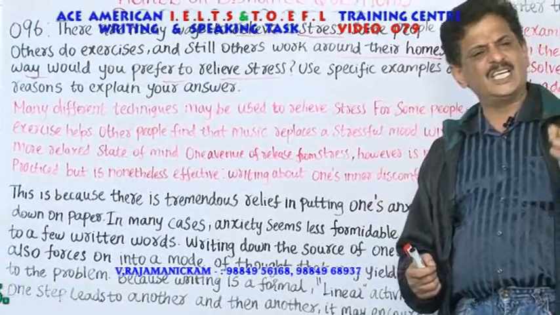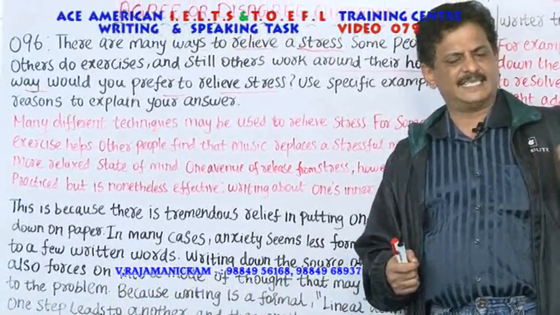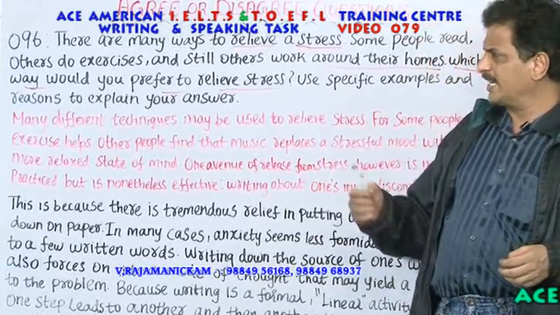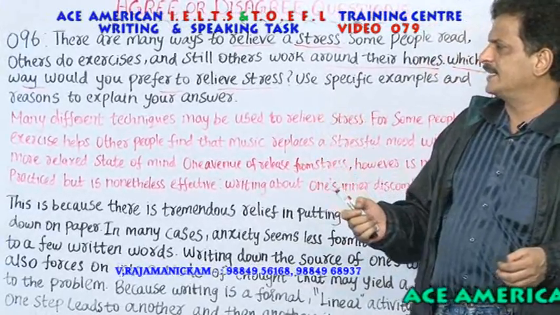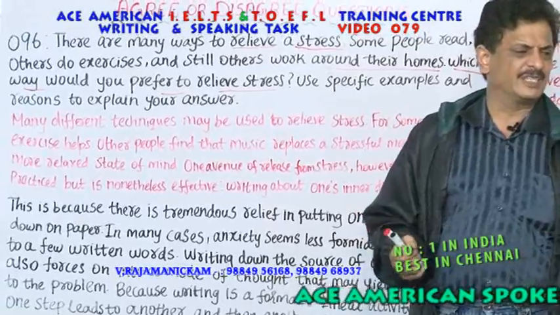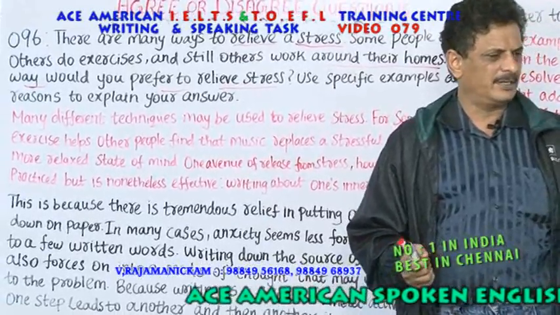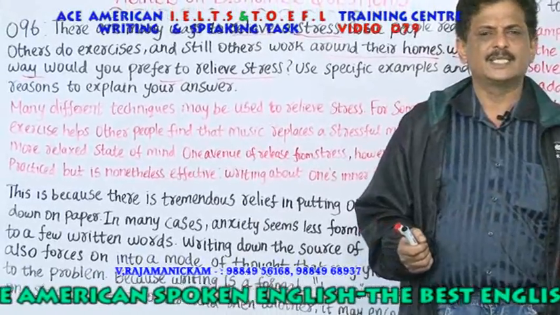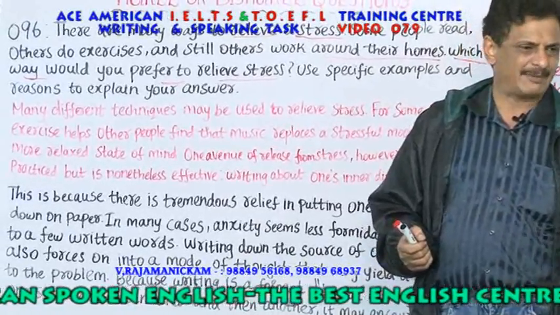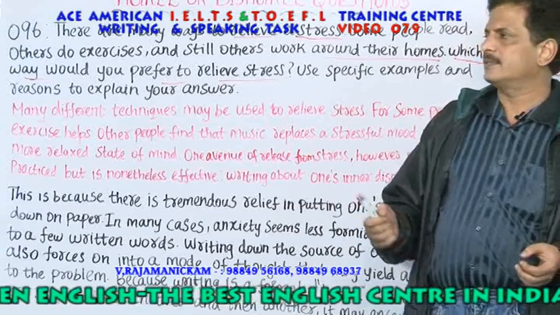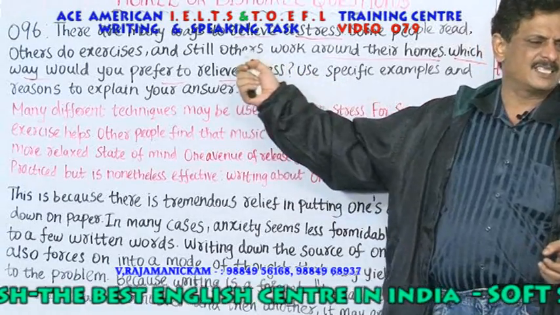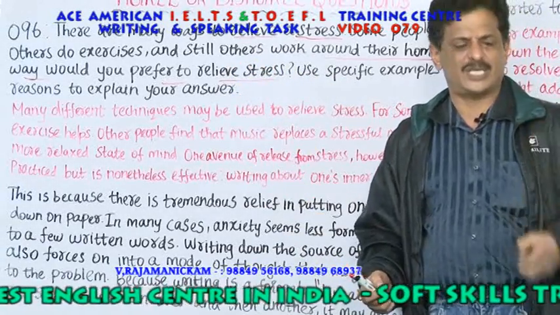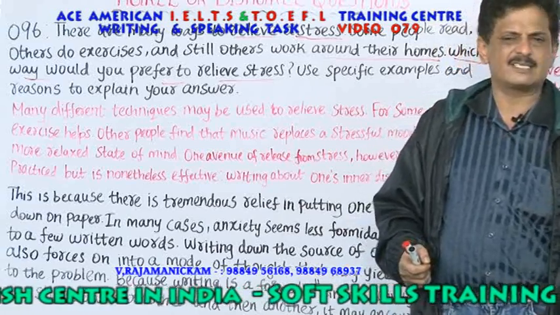So how do you relieve the stress? What are the ways? This is the topic here. Nowadays youngsters are getting BP, sugar and all types of disease, backbone pain. All these have a root cause, which is stress. So how do you release the stress?